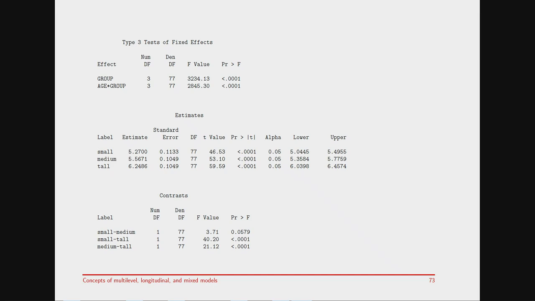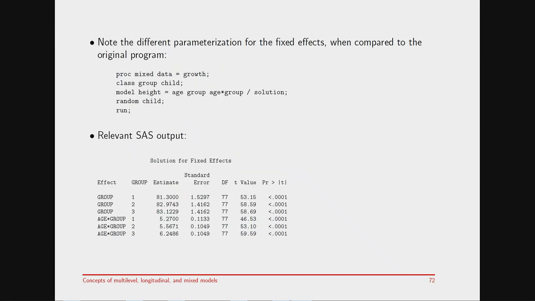So what is happening here? Well, what is happening here is that we test whether all 3 parameters associated to the age by group combination effect are all simultaneously equal to 0. What are all these parameters? The 3 parameters associated to the age by group combination effect are the 3 slopes.